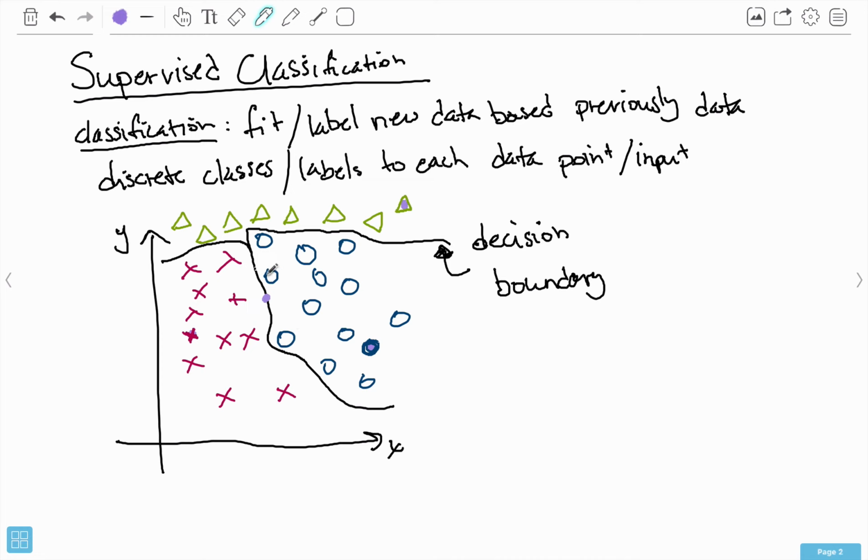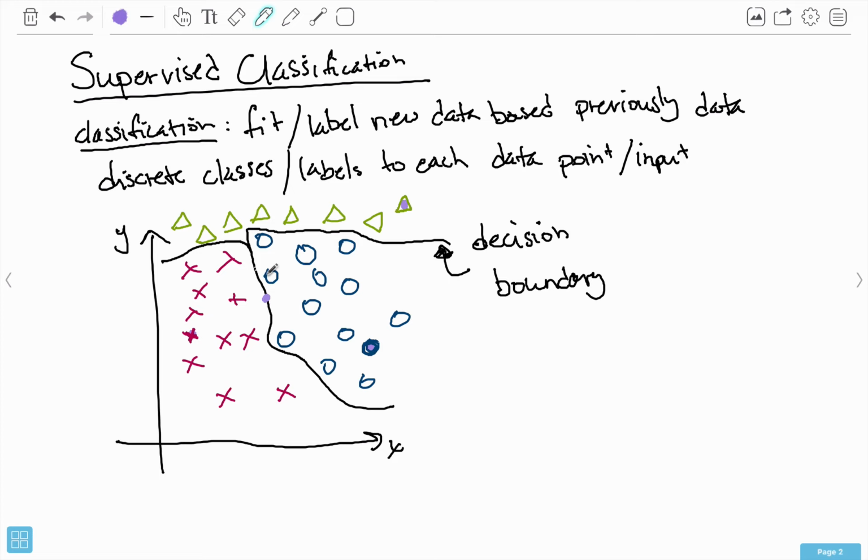So I guess this is where I'm going to stop, and I'll do a quick recap. Supervised classification is a subfield of machine learning, and the problem we're trying to solve is this: we have these different labels and our input data, and now that we've seen our data, given some new input, we want to give it a label based on the labels that we already have.